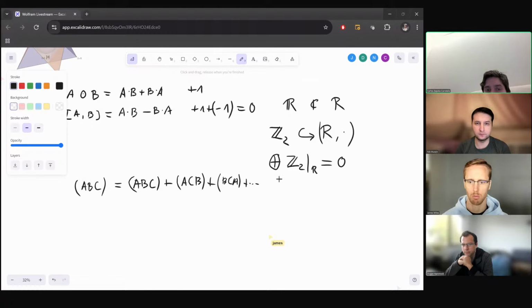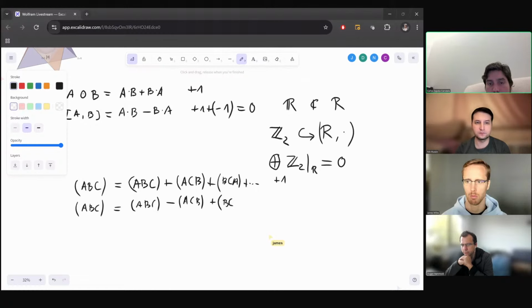So this would be the analog of the first one up there, where I'm just weighting by plus 1. Now, I could also anti-symmetrize with the permutation signature weight, which will correspond to, in this case, a -1 here because I'm permuting C and B, a +1 here because this is a cyclic permutation, which corresponds to two transpositions, and so on. So this again relies on the +1 and -1 elements.